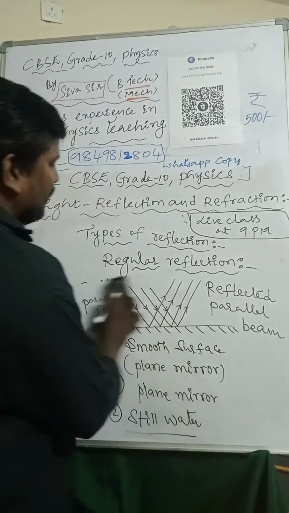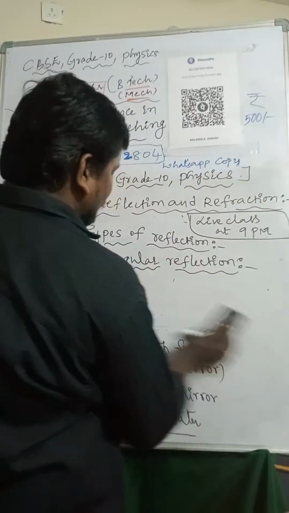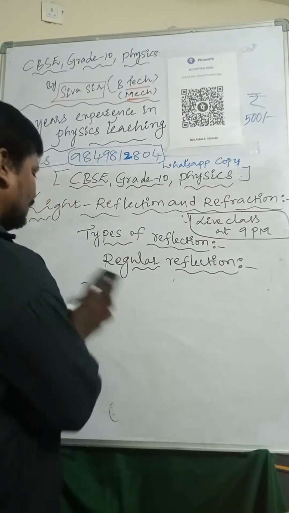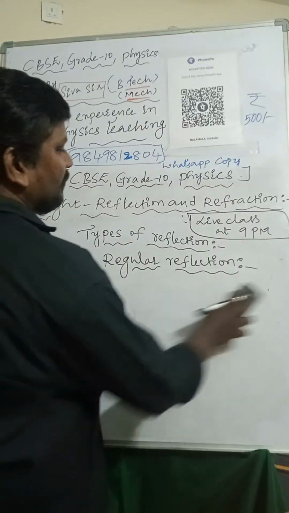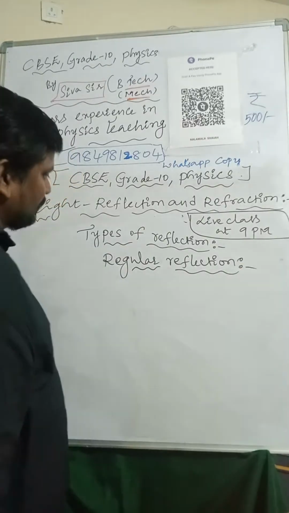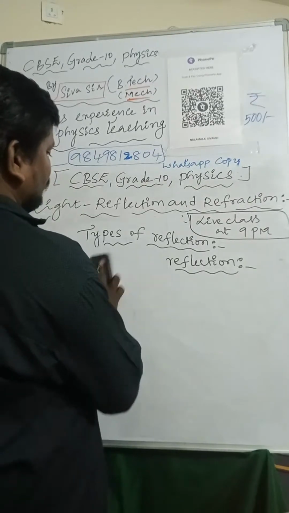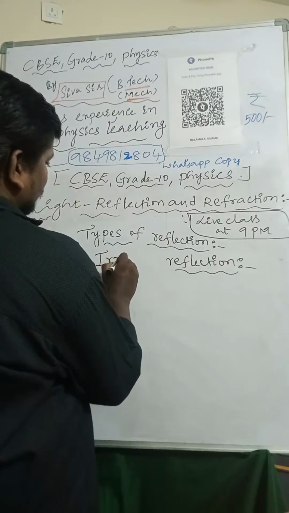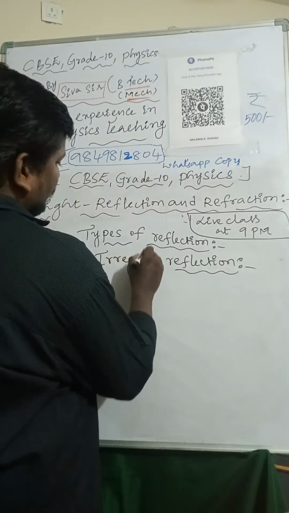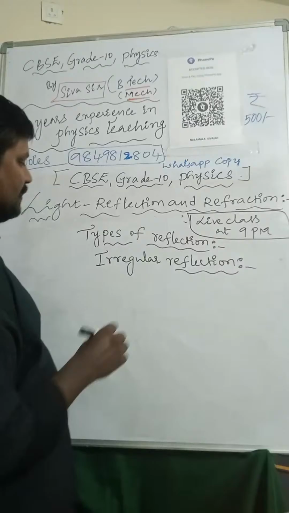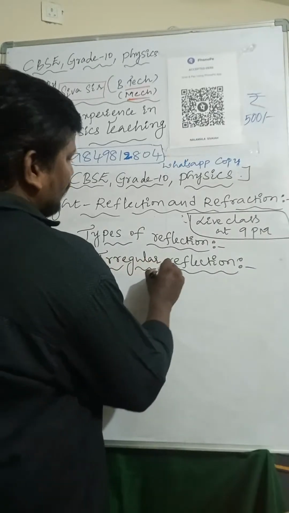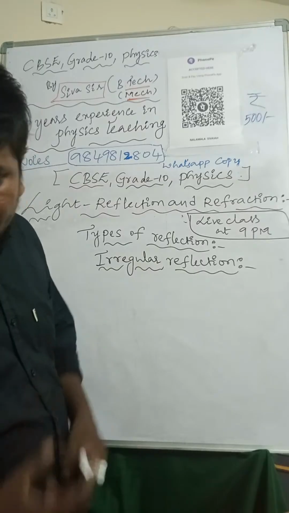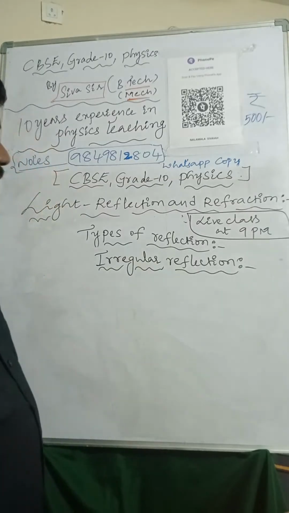Now I will look at irregular reflection. Irregular reflection takes place on a rough surface.